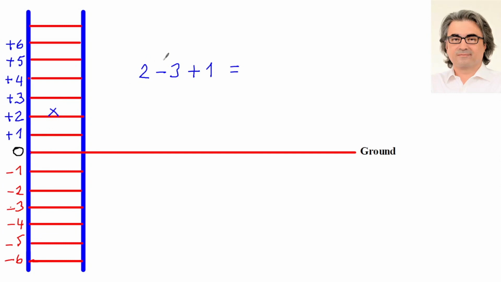After plus 2, the next number is minus 3. It means go down 3 steps from where you are. 1, 2, 3. Remark your place. After minus 3, the next number is plus 1, and the last number of this operation at the same time.